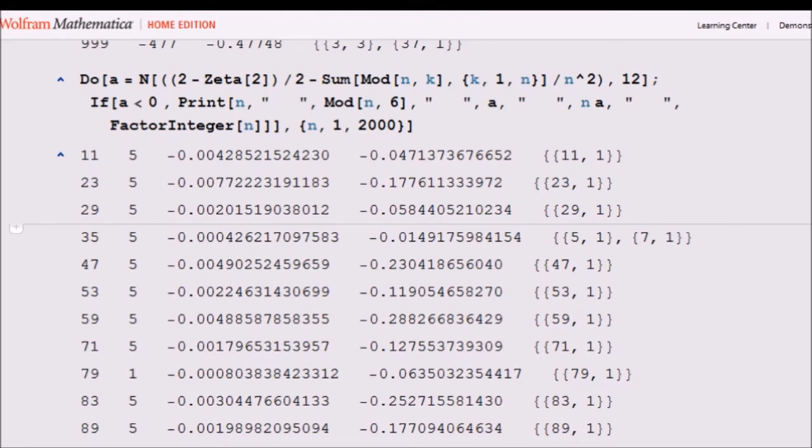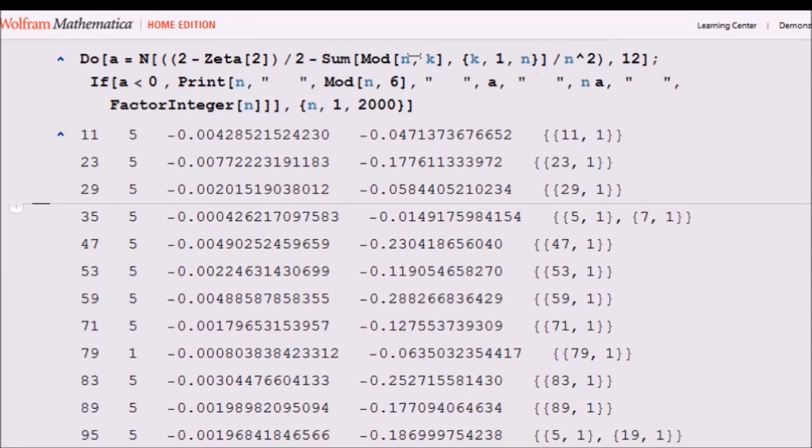Okay, let's just start with our measure, and as we did above, look at the ones that are not smooth, which ones give a negative measure, which ones are less than the expected value. So you see we've got our 2 minus zeta 2 over 2 minus the sum of the residues for n divided by n squared.